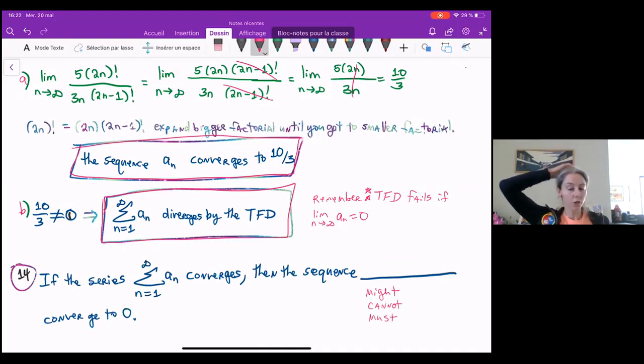The sequence might converge to 0, must converge to 0, or cannot converge to 0.